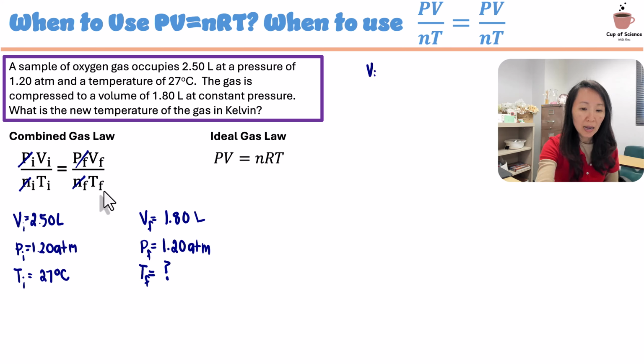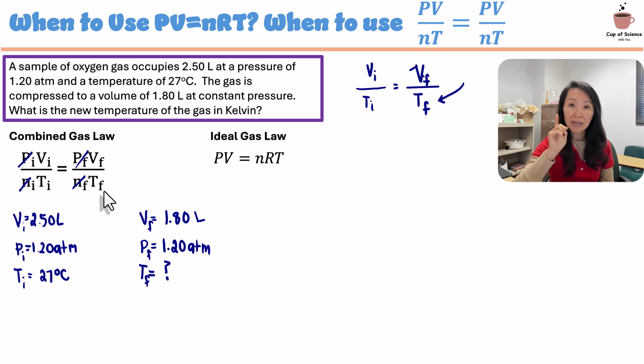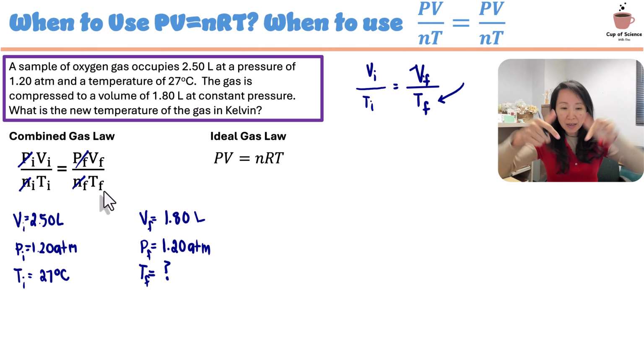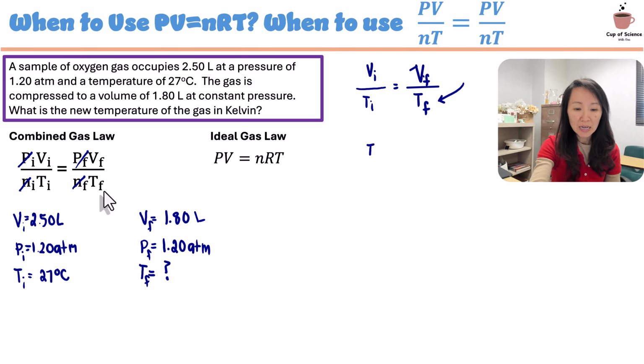So Vi over Ti is equal to Vf over Tf. And we're looking for this temperature over here, and it must be in Kelvin. So let's get that temperature by itself. In order for that temperature to be by itself, we're going to flip the ratio, so that T final is on top and the volumes are on the bottom.